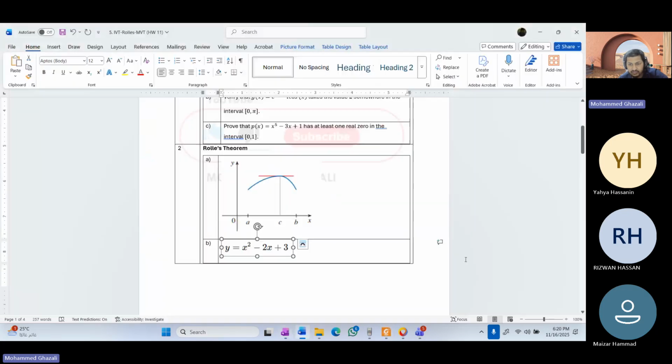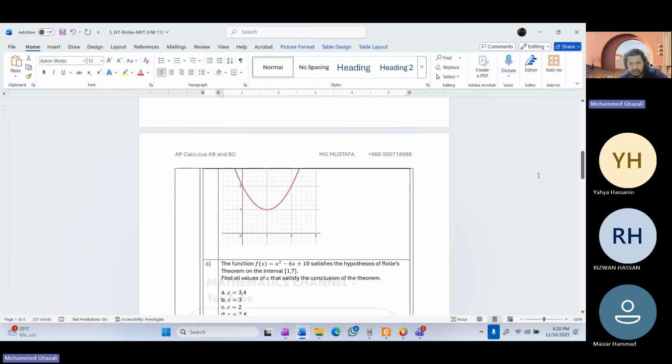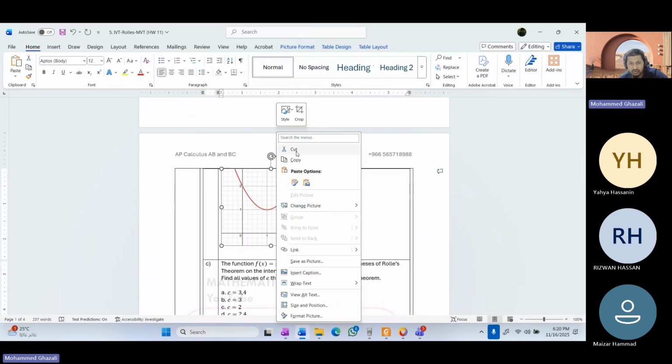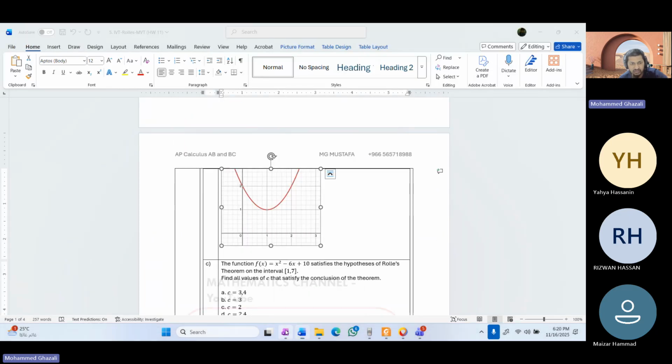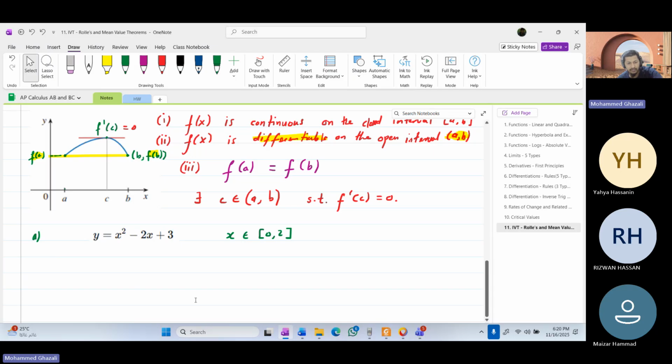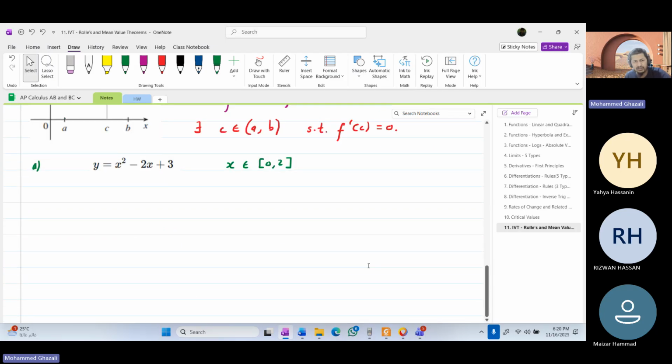Here's my question. I sketched this graph for you as well. You must know how to sketch graphs. It's a quadratic function, basic stuff. How can I sketch this function? We can put it in turning point form. So y is equal to x squared minus 2x plus something squared minus something squared plus 3.